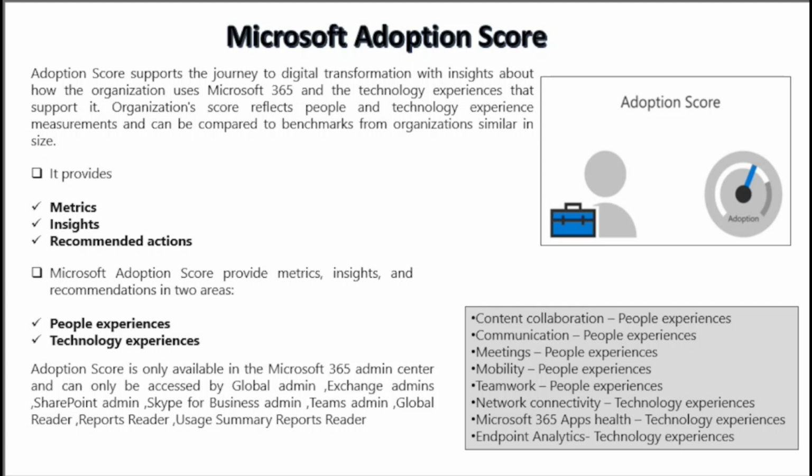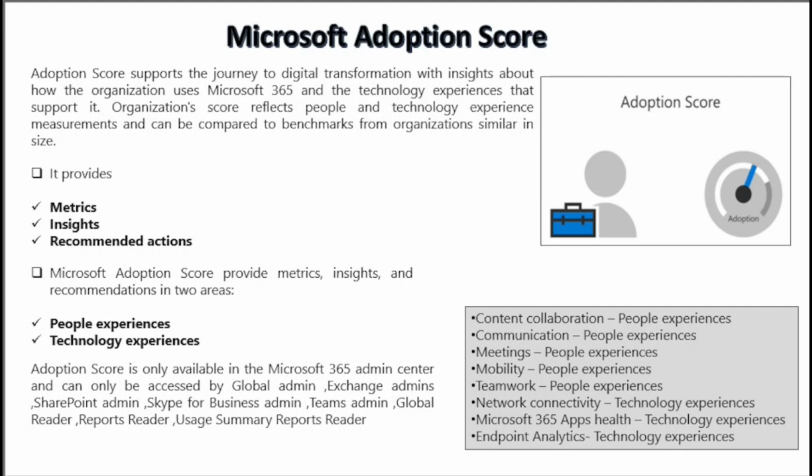It also provides insights about the data, which help us identify opportunities to improve productivity and satisfaction in our organization. It also provides recommendations as well as recommended actions we can take to help our organization use Microsoft 365 products effectively.